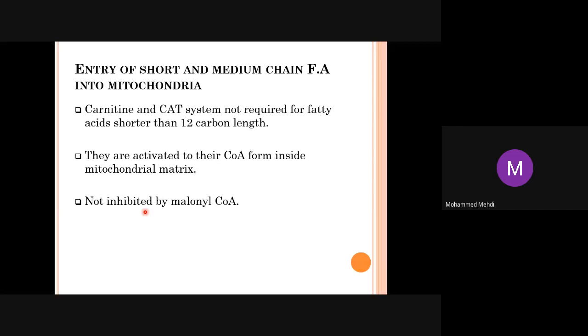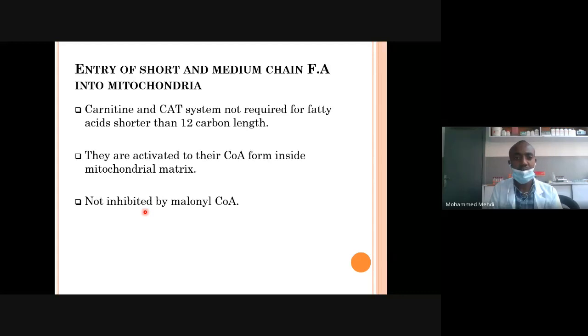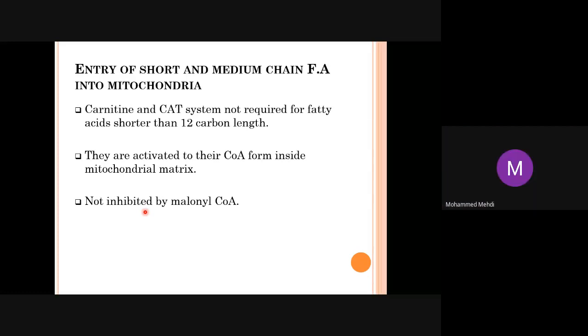The short and medium chain fatty acids don't require carnitine. Again, this is the second exceptional point on short and medium chain fatty acids. Previously, we have seen that short and medium chain fatty acids are absorbed directly into the portal blood vessel. Here, during their transport into mitochondria, they don't require carnitine.